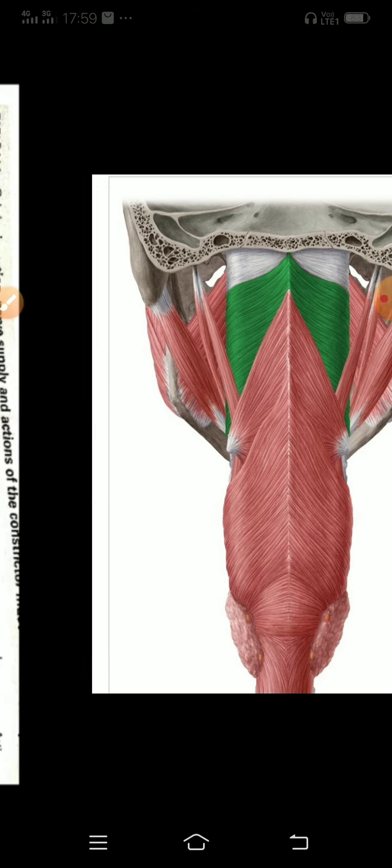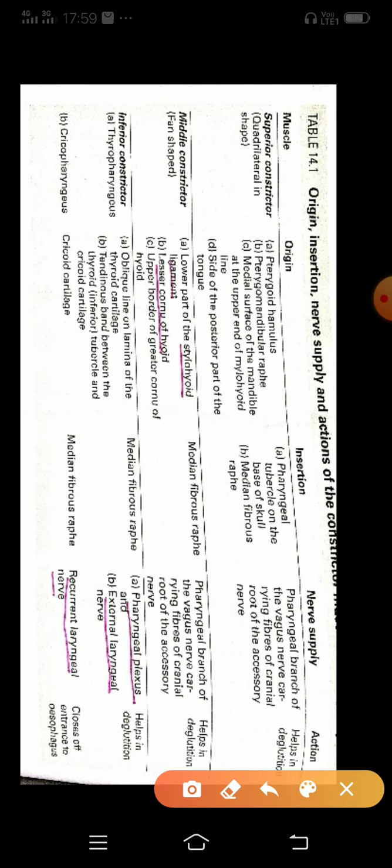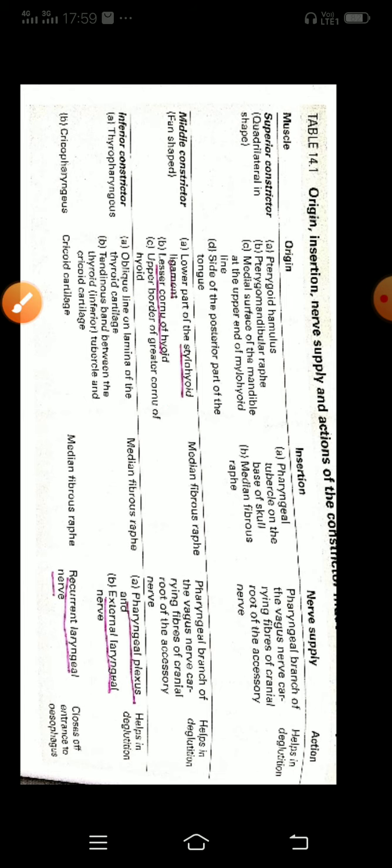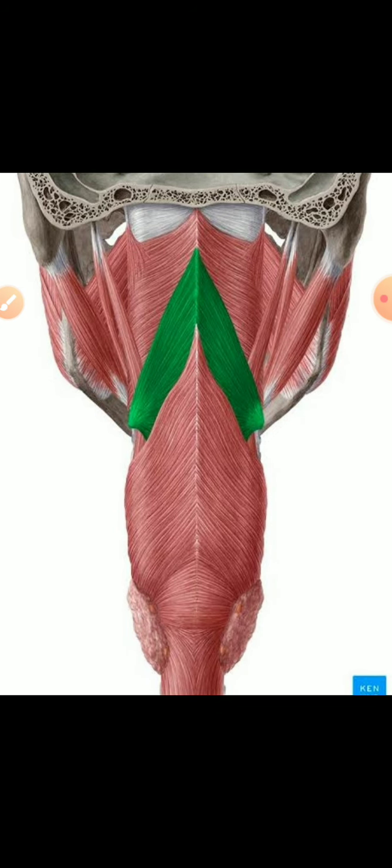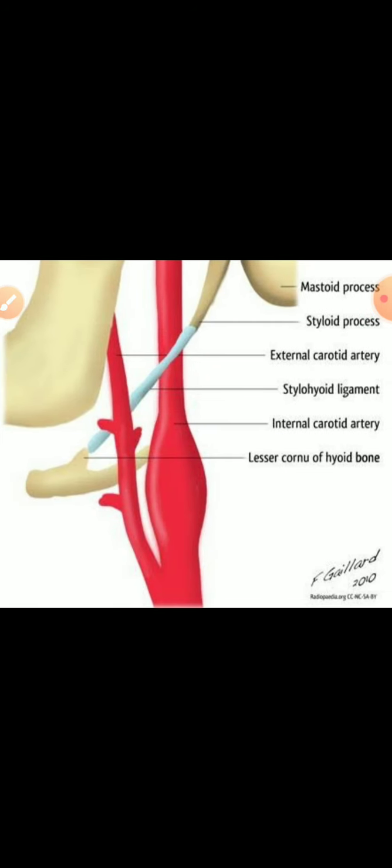Next we are going to see the middle constrictor muscle. The middle constrictor muscle is fan shaped, and it originates from the lower part of the stylohyoid ligament, the lesser cornu of the hyoid bone, and the upper part of the greater cornu of the hyoid. As you can see, this is the middle constrictor muscle.